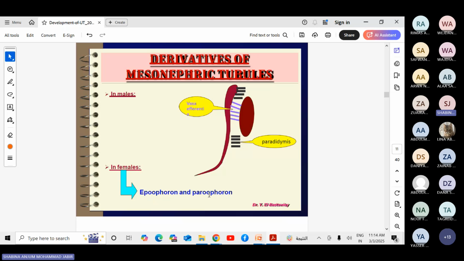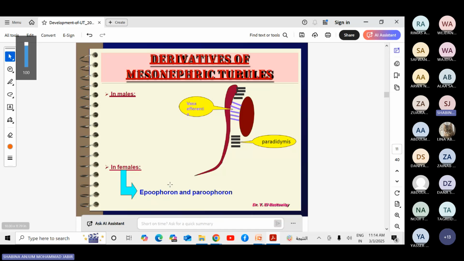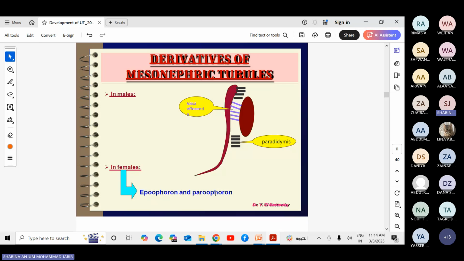Have you heard this name before? Yes? I didn't think so. No? These structures will be very small, but they are present in relation to the ovaries.